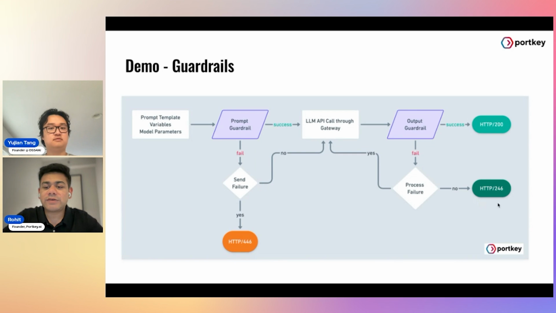So we give out these new HTTP status codes. When it's successful, we will still say 246, which says request successful, but guardrails failed. So you definitely got to check the response. And in case of an error, we would send a 446, which says it's a bad request because the guardrails that you've configured failed to run.